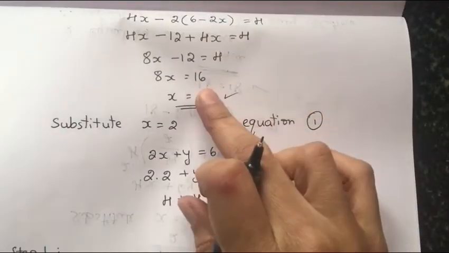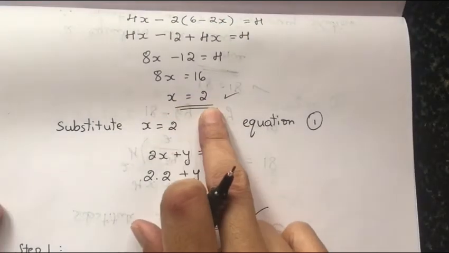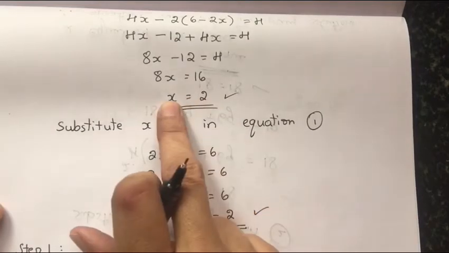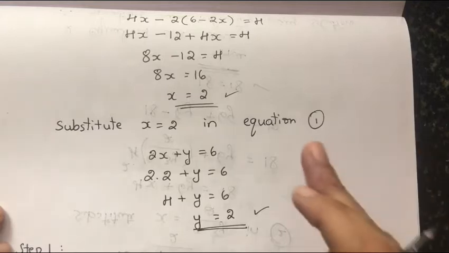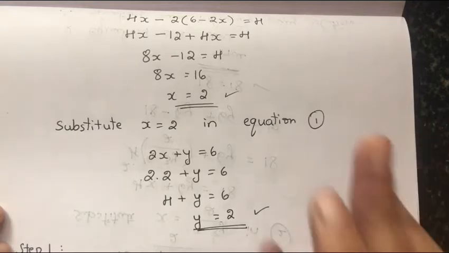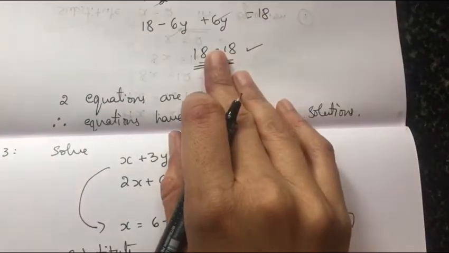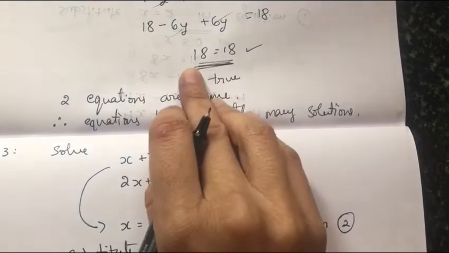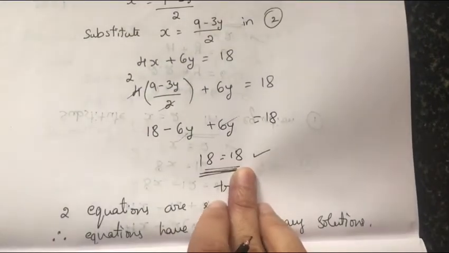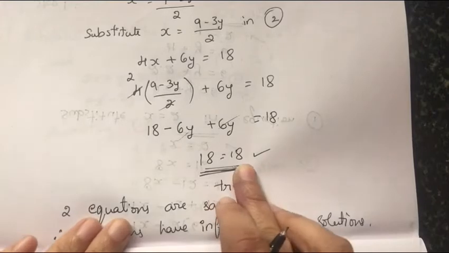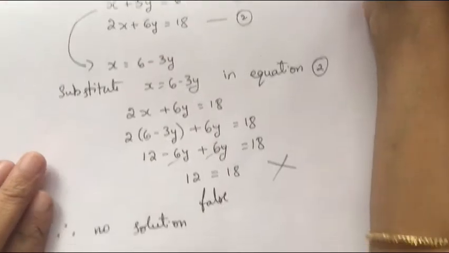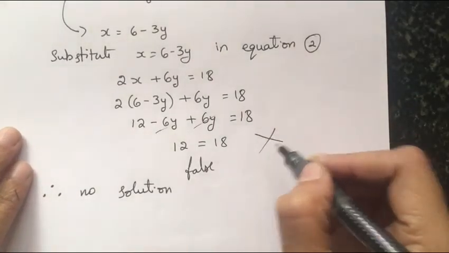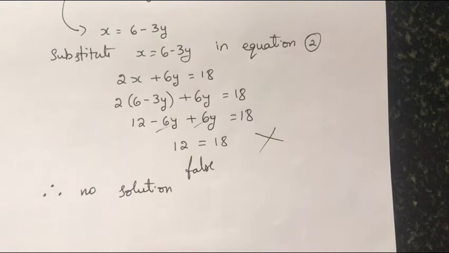First situation, on substituting, you get the value of a variable, and then you can proceed to get the value of the other variable. This is where you are getting a solution. In the second situation, you may come across situations like this, and in those cases, you can write there are infinitely many solutions. And the third situation is where you are getting a false statement and you can say that there is no solution.